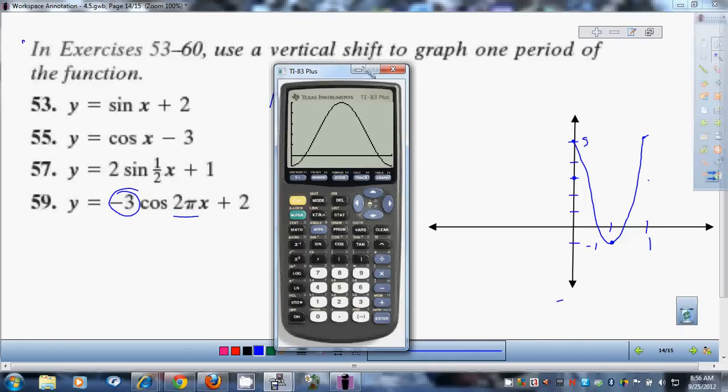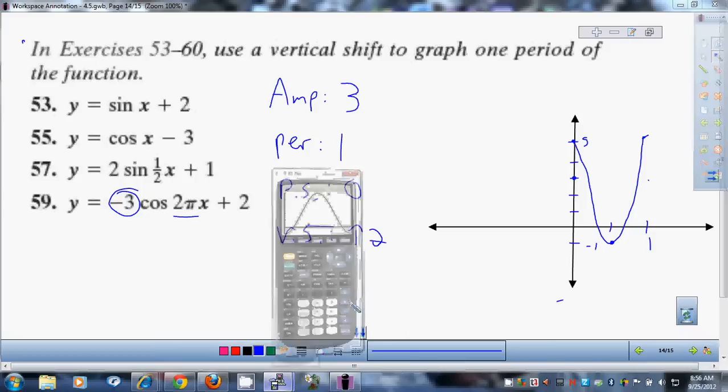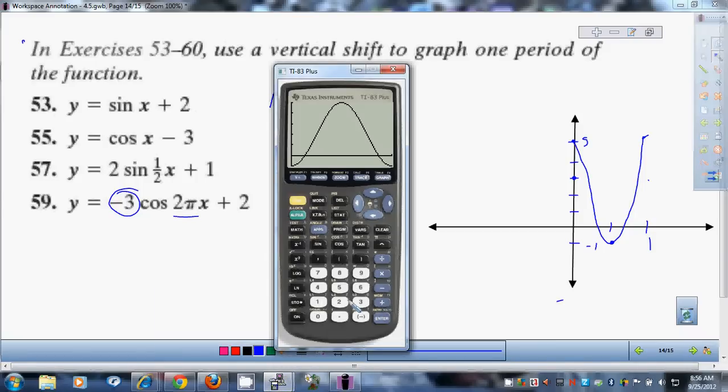Oh, it's negative. I forgot to take the negative into account. Dang it. Well, you can see how the negative affects it. It's just going to take the exact same thing and flip it over. So instead of starting at our maximum value, it's going to be our minimum, and this just flips. Sine functions start at the origin.